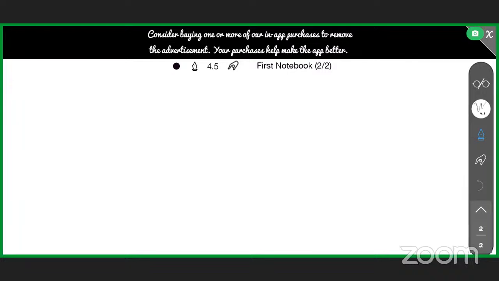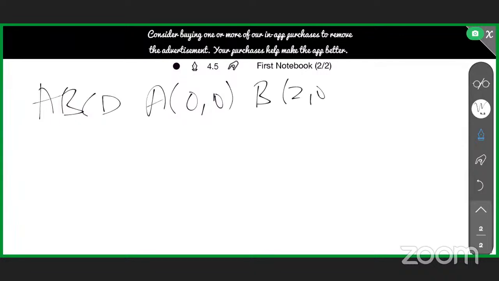A square ABCD where A is (0, 0), B is (2, 0), C is (2, 2), D is (0, 2) undergoes the following transformations successively.